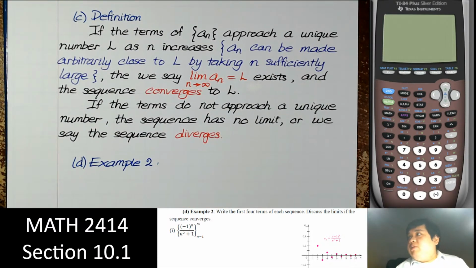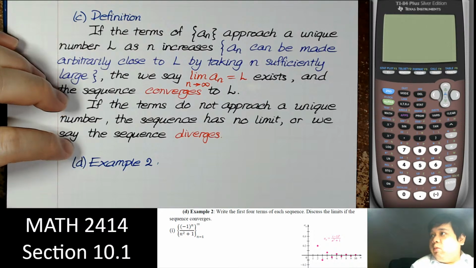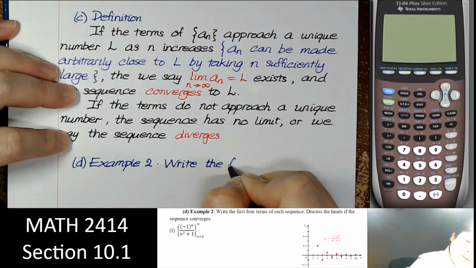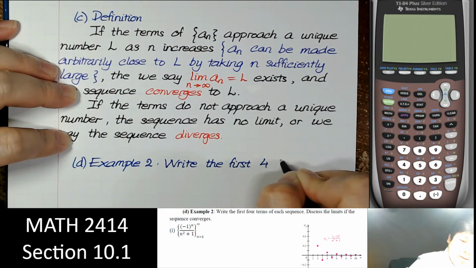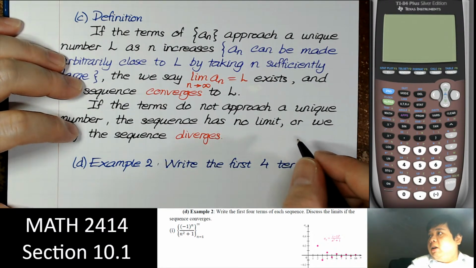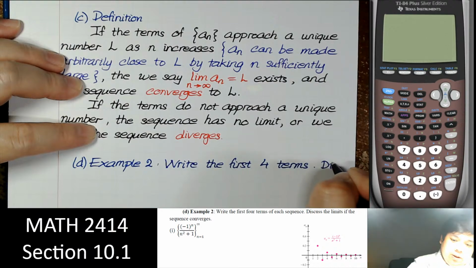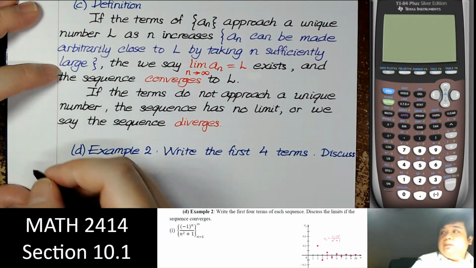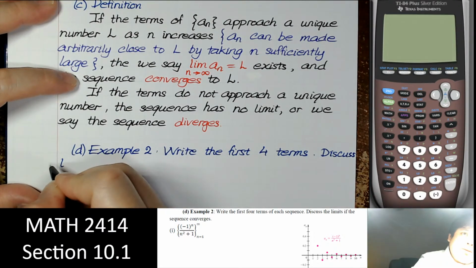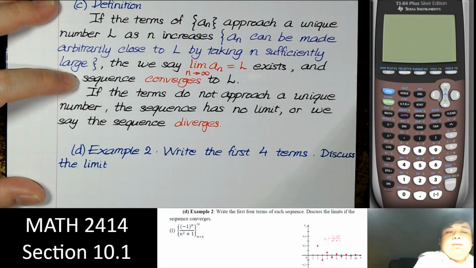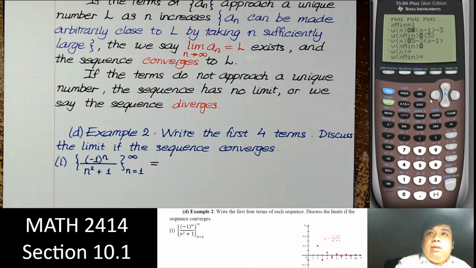Now we look at the first example. Write the first 4 terms and discuss the limit. Right, let's clear this. Clear everything.